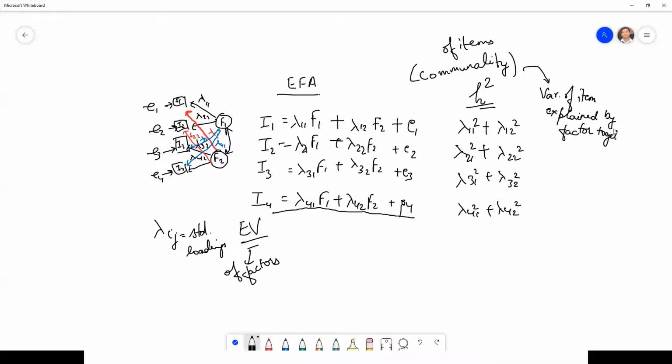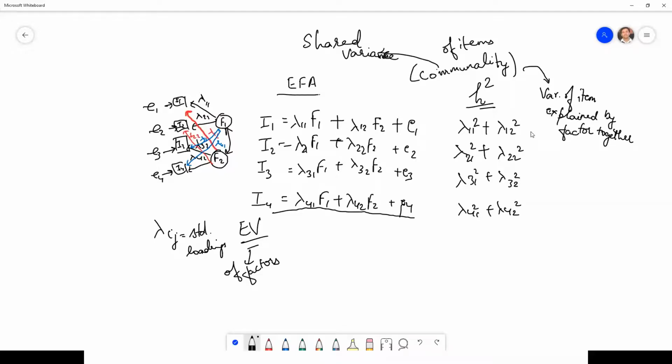That means how much variance in the item is accounted for by the extracted factors F1 and F2. Remember, communality, as we discussed yesterday when talking about reliability, refers to shared variance. So the shared variance of the item with the factors is lambda 11 squared plus lambda 12 squared, the variance explained by the factors put together, for I1 and likewise for I2.